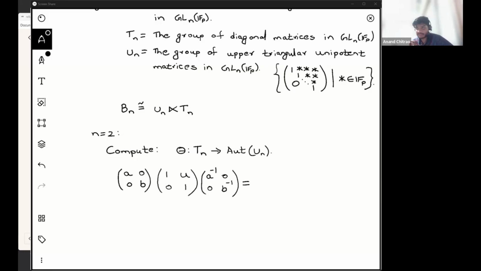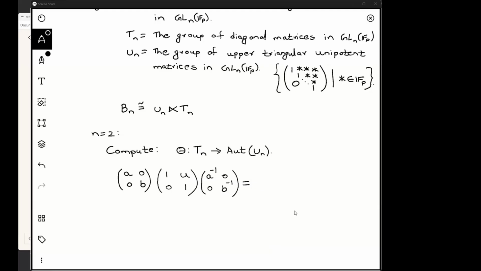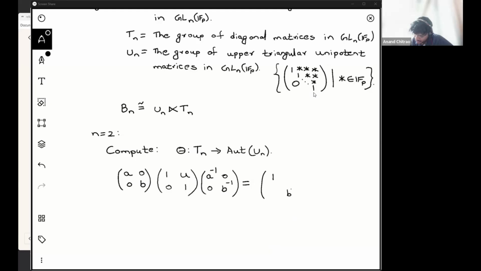Can somebody tell me what this is equal to?